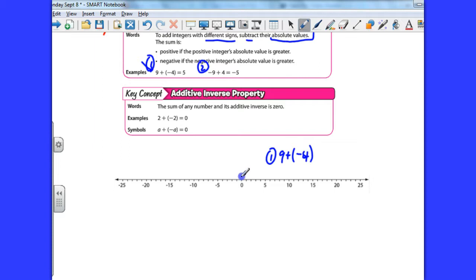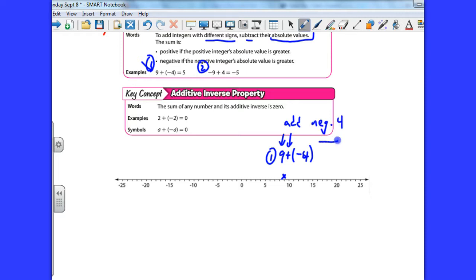Well, what I'm going to do on my number line is I'm going to find this spot right here, 9. Well, here's 0, so 1, 2, 3, 4, 5, 6, 7, 8, 9. 9 is right there, okay? And it says to add -4. In other words, it's going to decrease.